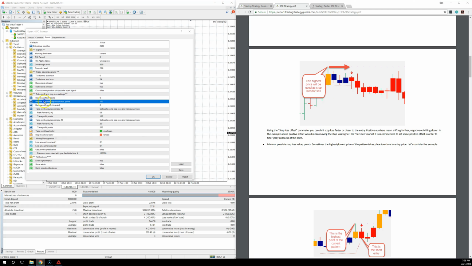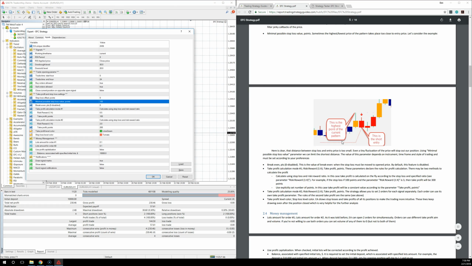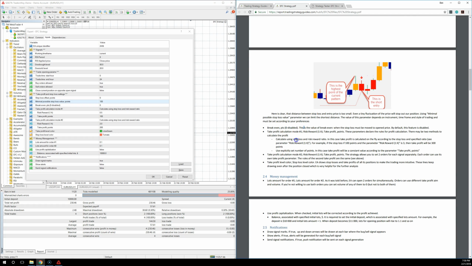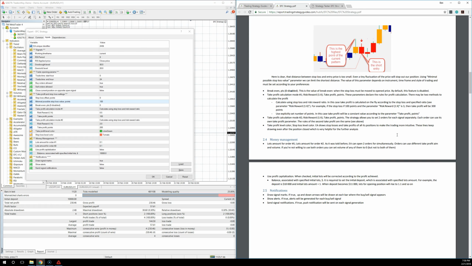And then this will show you the minimal stop loss value. So you want to keep that at 100. That's actually points again. The break-even points, that's set at 0. 0 is disabled. Basically, this is the break-even value at which the stop loss must be moved to the open price. By default, this feature is disabled.